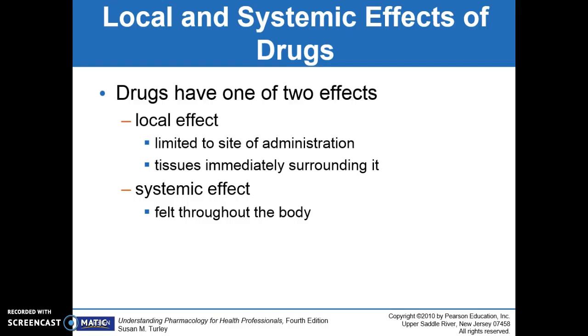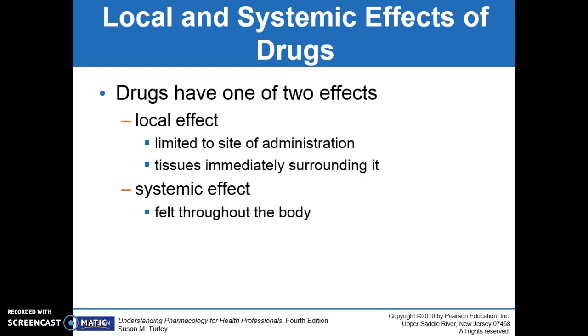A systemic effect is something that's going to happen throughout the body. So, some of the medications that are given for pain are going to be used and felt throughout the body. So it's not going to affect just the pain receptors. For example, morphine is a great example. It not only affects the pain receptors, but it's also going to suppress the respiratory system. So those are some things that you need to keep in mind when you think about those two things.